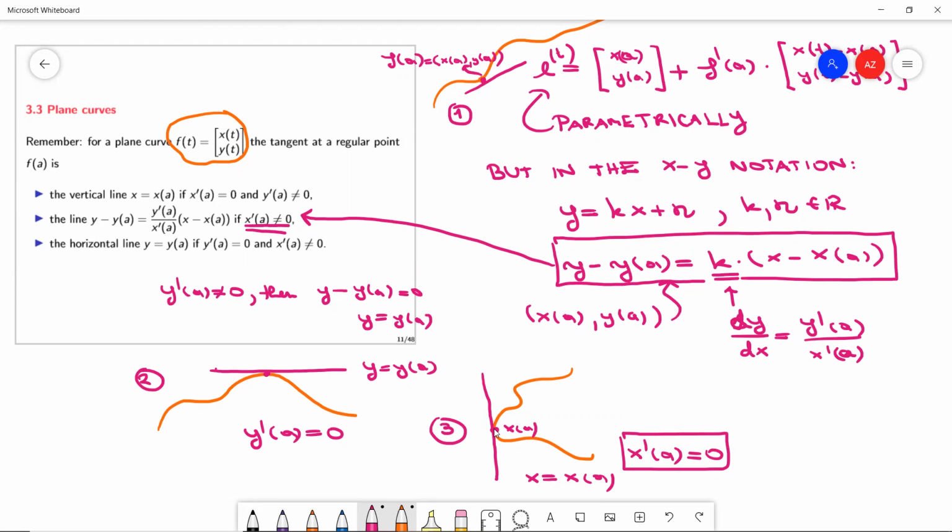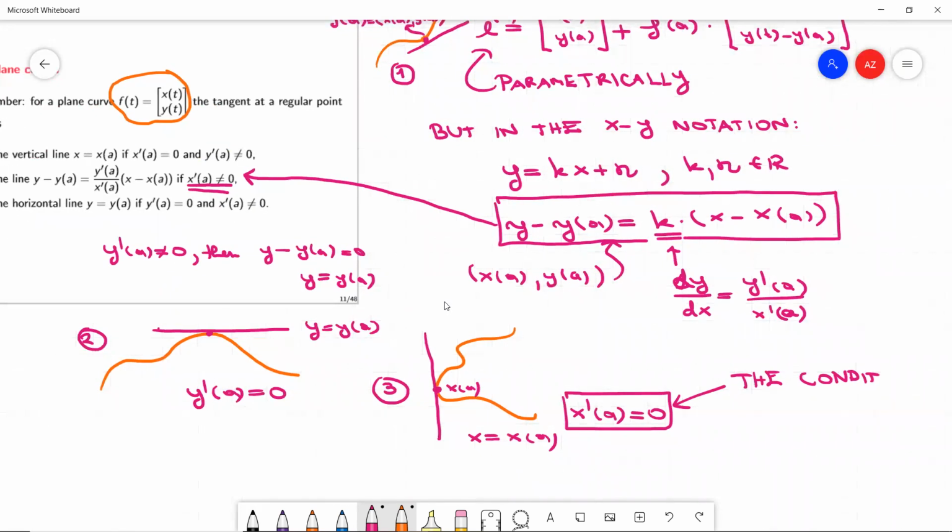So how do we determine the vertical tangents? We determine the vertical tangents by solving this equation, x prime of a is equal to 0. So we have to figure out for which parameters a, x prime is equal to 0. This is the condition for determining vertical tangents. If the tangent is vertical, then x should instantaneously not change, which means x prime should be 0.